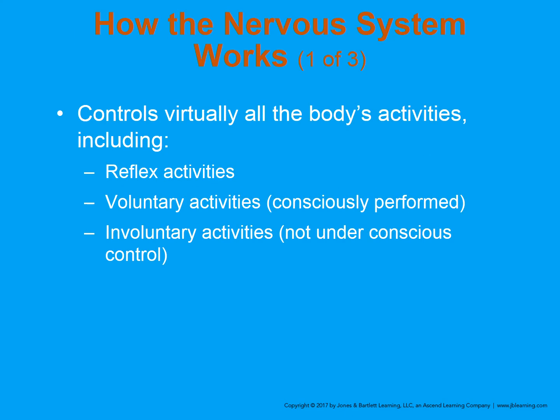How does the nervous system work? It controls virtually all of the body's activities, including reflex activities, the reflex arc; the voluntary activities consciously performed, us overriding that reflex arc, like pushing your hand on a hot stove; as well as the involuntary activities, like digestion and breathing.